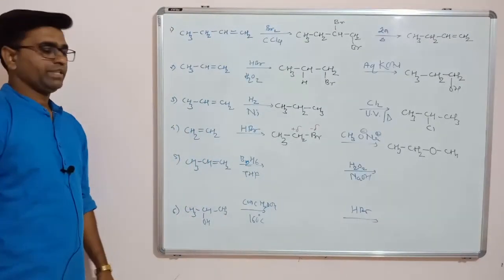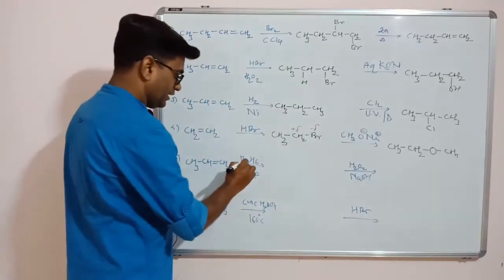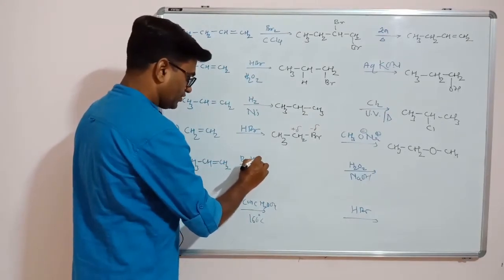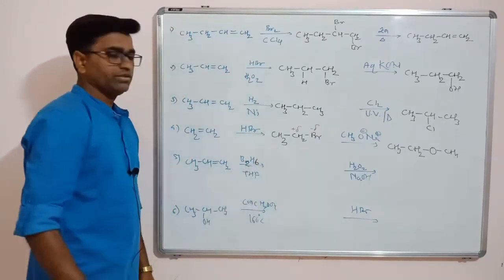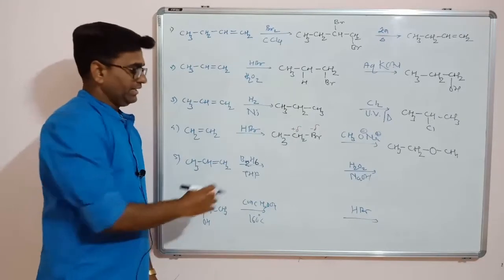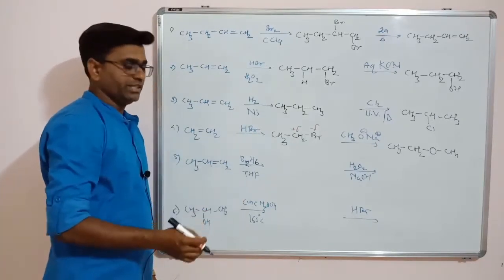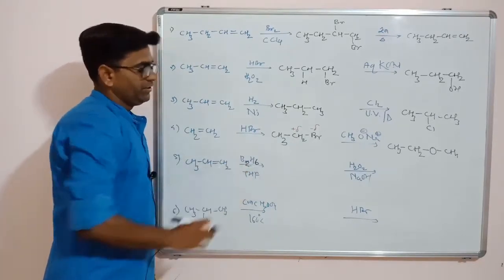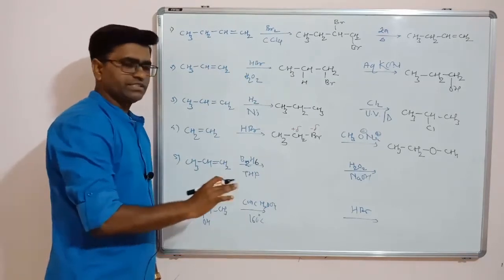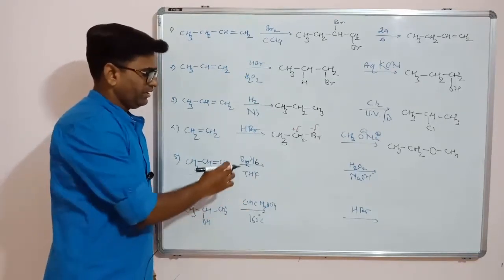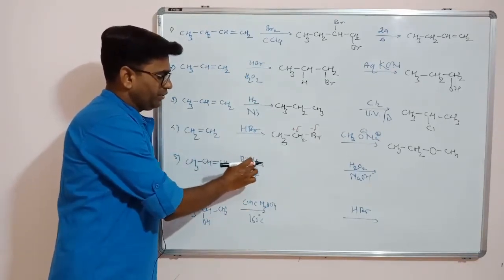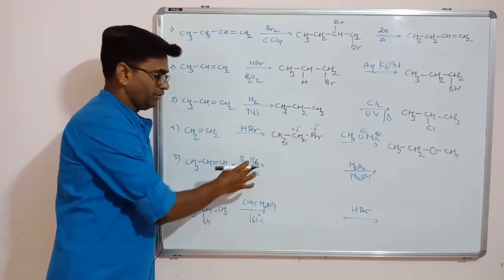Now in this case, the reagent is B2H6. So this is diborane. THF is the solvent, tetrahydrofuran. So it's just a solvent like ether. This is B2H6, diborane.